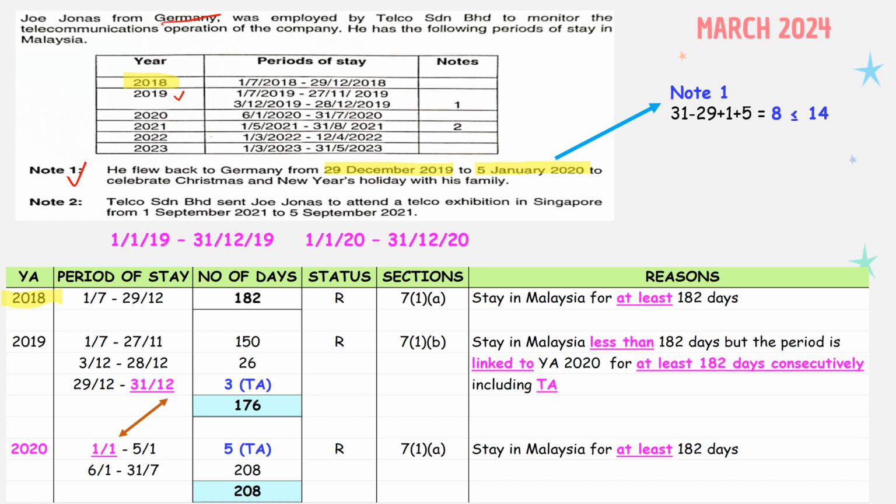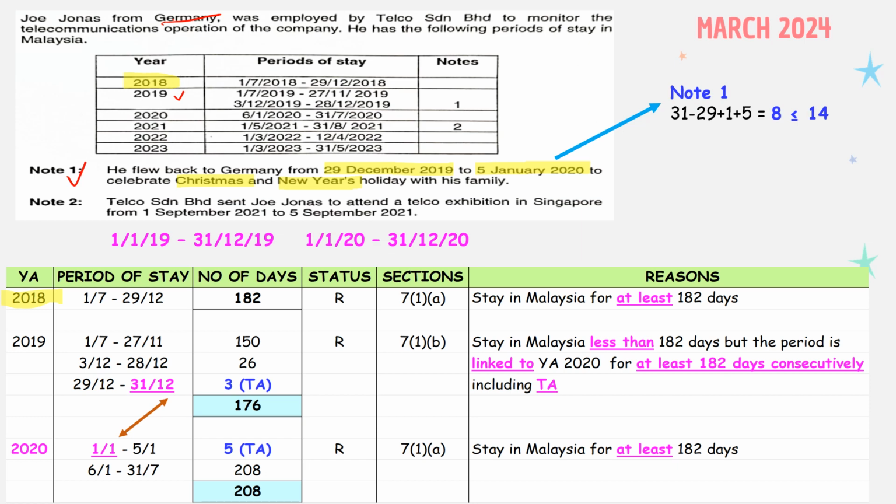Why? To celebrate Christmas and also New Year with his family. So guys, 29 December until 5th January, he was absent from Malaysia. And the reason is what? Celebrate Christmas and New Year. Okay, does it fall under temporary absent? Temporary absent, there are 3.